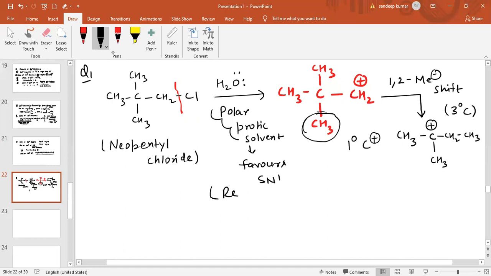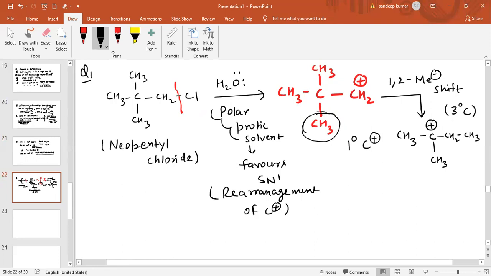Because in SN1, rearrangement of the carbocation can occur. Now this is the most stable carbocation.